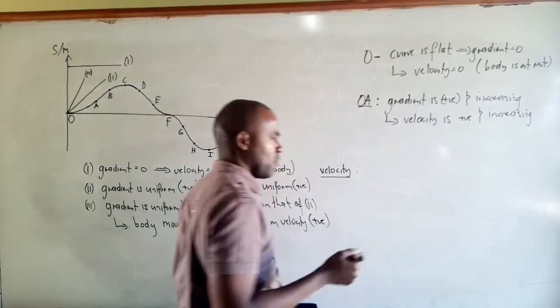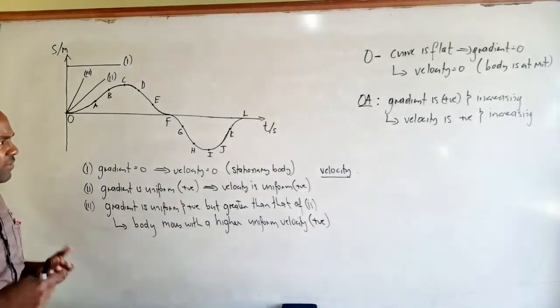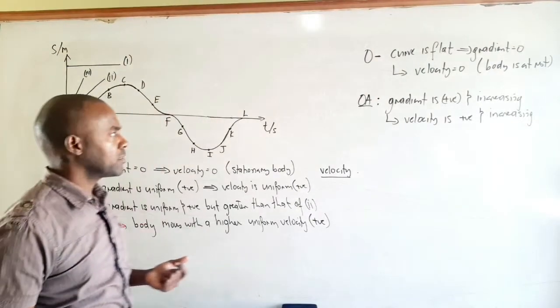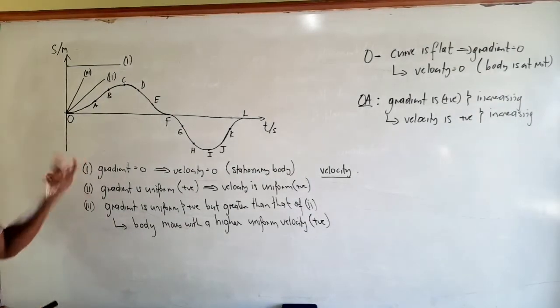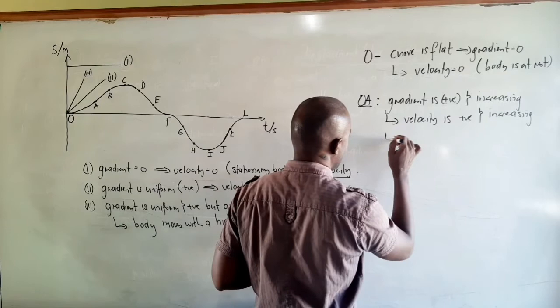Because the body's velocity is positive and increasing, the body is accelerating. So essentially, for OA, we can say that the body accelerates uniformly from rest.